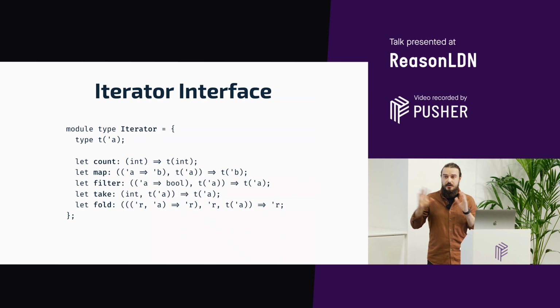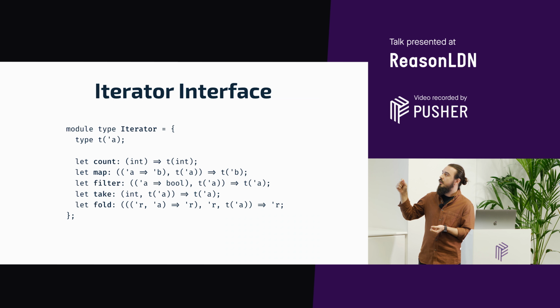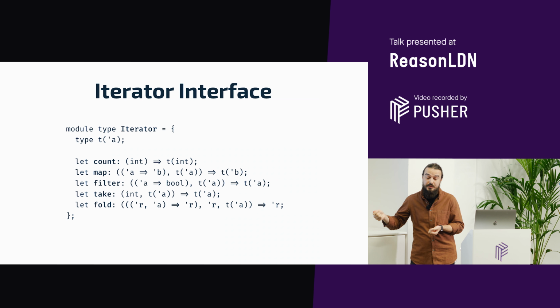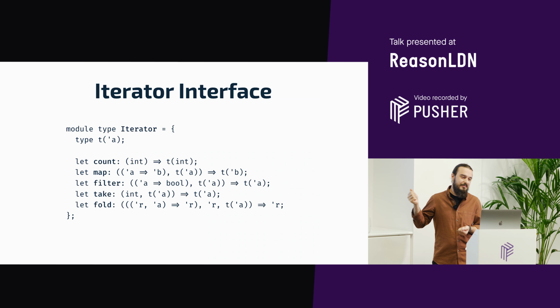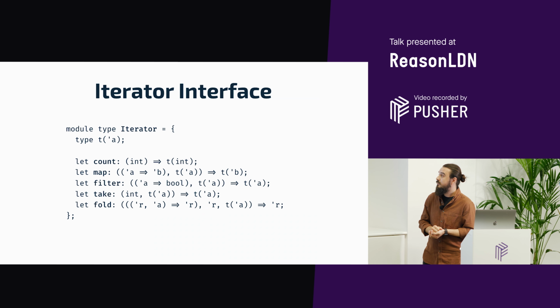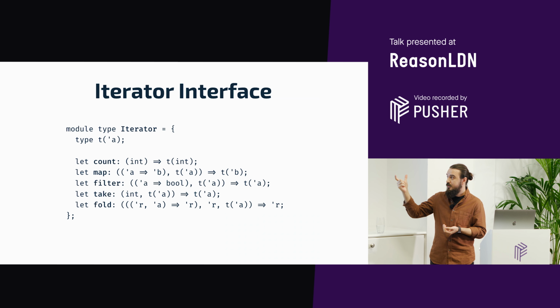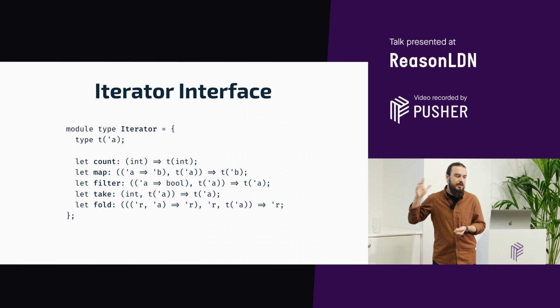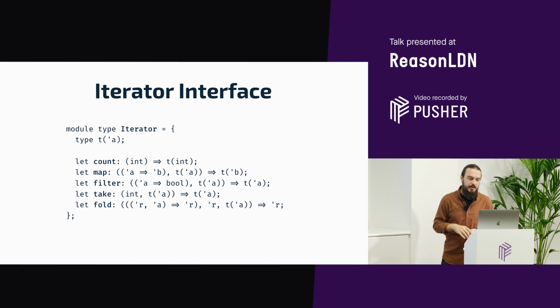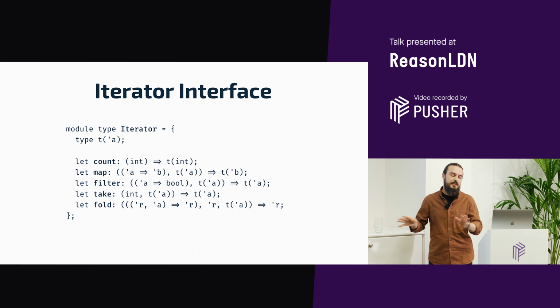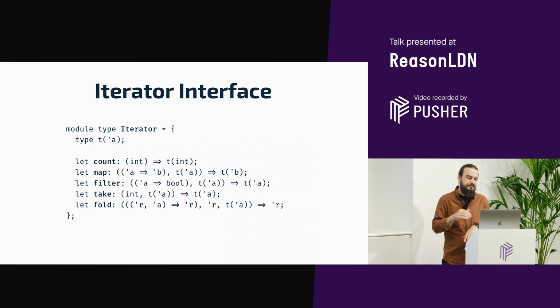Just to give a quick explanation of what each one of them does, essentially map takes a function that can transform some values, and it translates the iterator of values of type A into an iterator of values of type B. Filter can ignore some values by having a predicate function that essentially says, no, I don't want this value. When it returns false, it means that we are not interested in that value at all, so just ignore it.